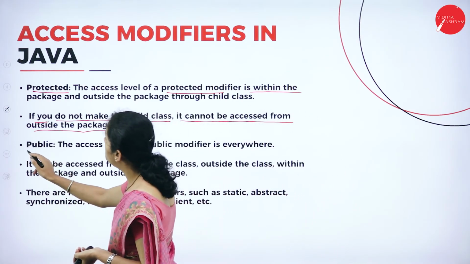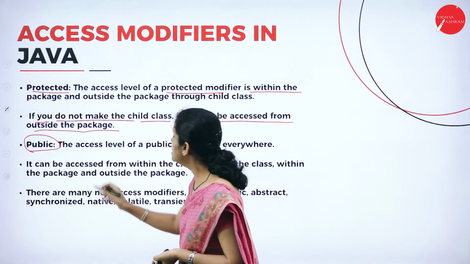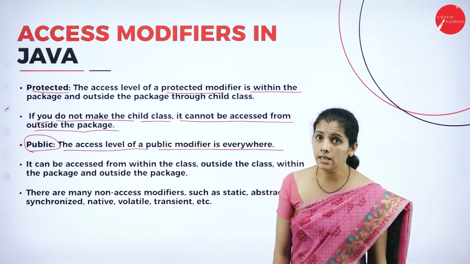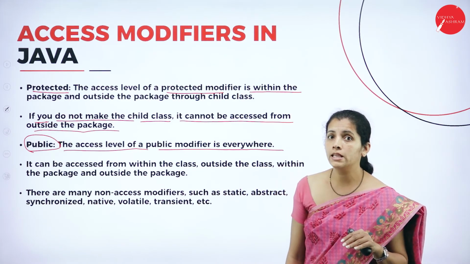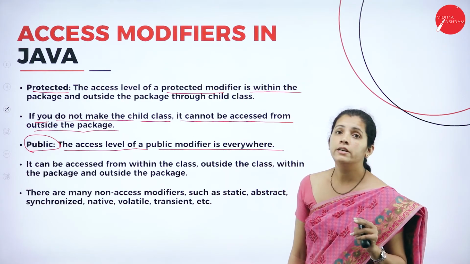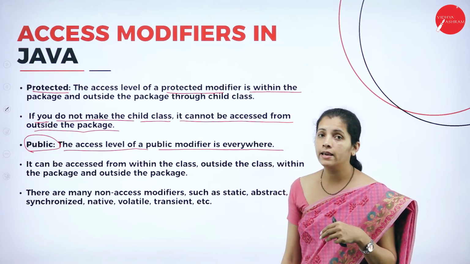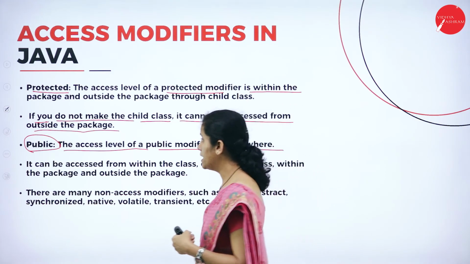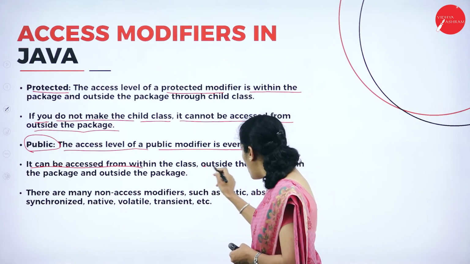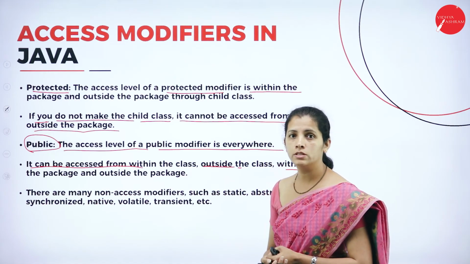Then what is public? This is the fourth type of access modifier. The access level of a public modifier is anywhere. That means I can access all the methods, fields, classes as well as constructors which are defined as public throughout the class, outside the class, within the package and outside the package.